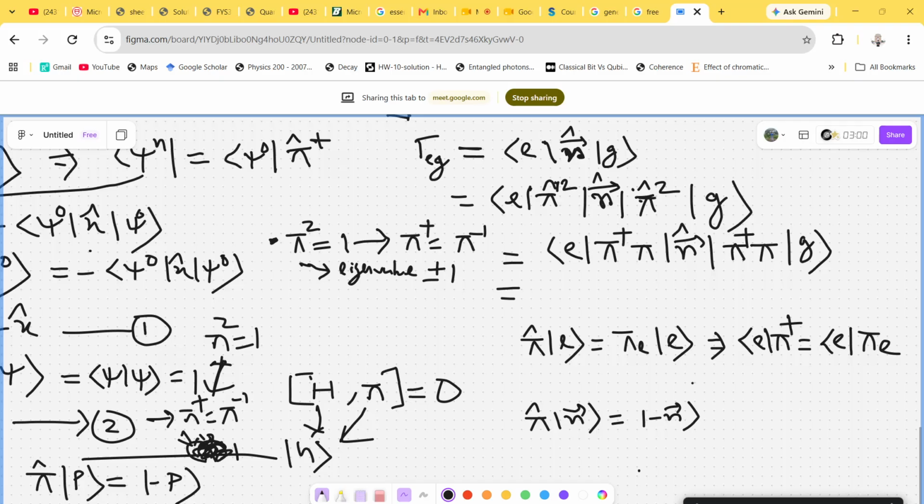And this one pi r cap is minus r. Now pi r cap into pi dagger. This will be given by minus r into pi dagger, right?